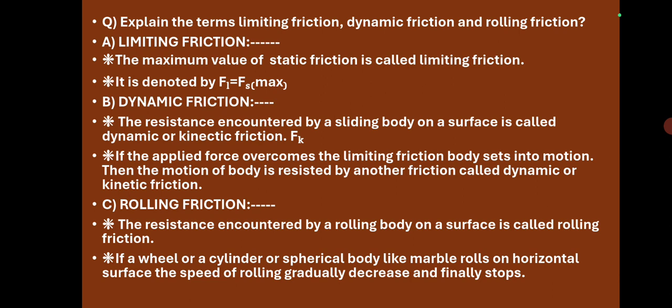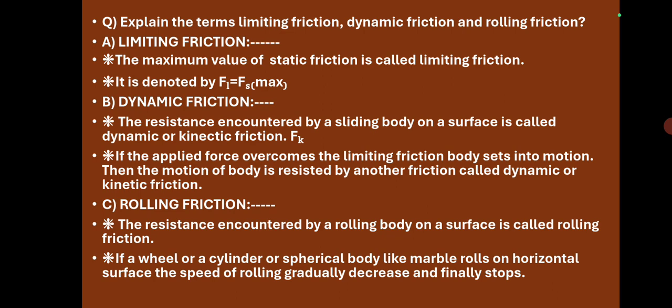Now leave the example of the almirah and let us take another example: a football. When you kick the ball with your leg, the football goes on the ground up to a certain distance. After going a certain distance, it stops. Why does the football stop?